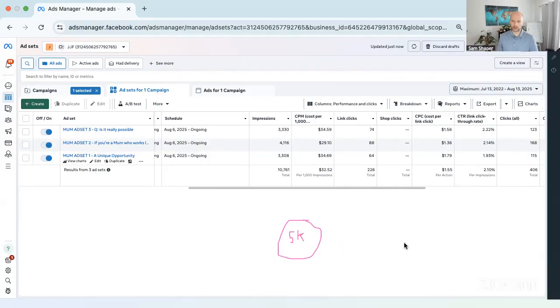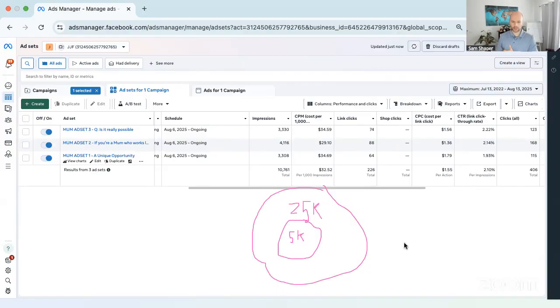If you're spending $500 a day, now you're asking Meta to get results from 25,000 people. So the purpose that these ads serve may shift, and you might find that they don't work as well, or they might change their position in the overall portfolio as you're increasing the budget.